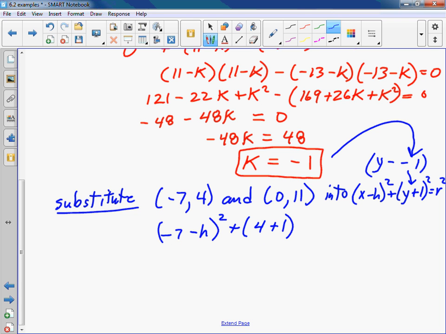Plus 1 squared equals r squared. And then the other one was 0 minus h squared plus 11 plus 1 squared equals r squared.